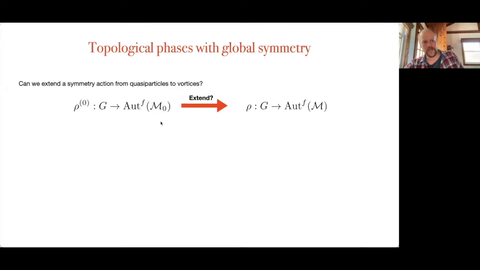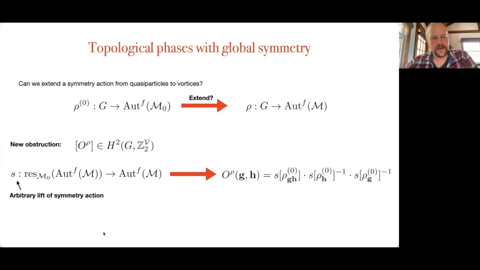And the first one that you encounter, and I'll always phrase the questions in the following way, I'll say, can we do something from something to something? So in this case, can we extend a symmetry action on M0 to M? All right, and the answer is not always. You encounter an obstruction to doing this, which we've labeled with this rho here because it's an obstruction to finding a consistent symmetry action on M0 that extends to M.